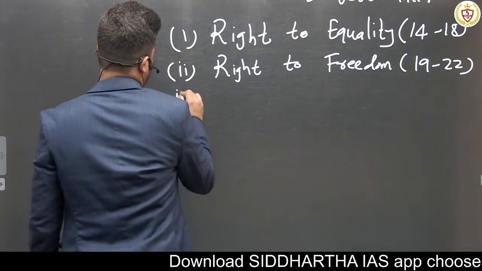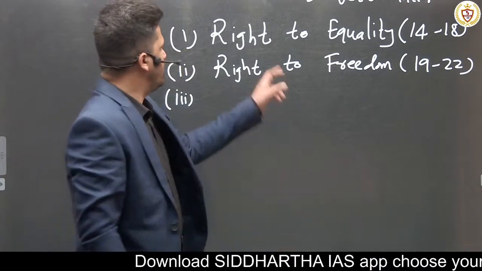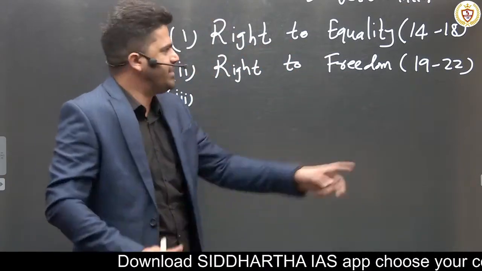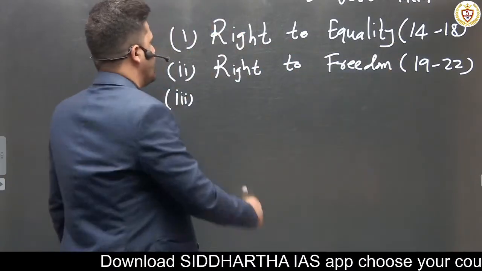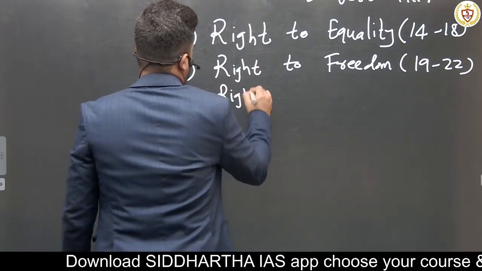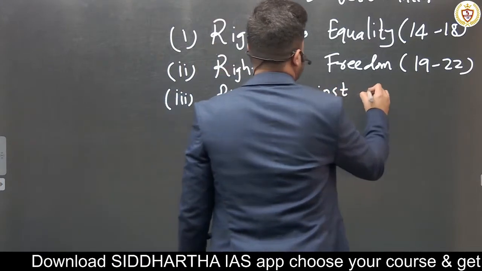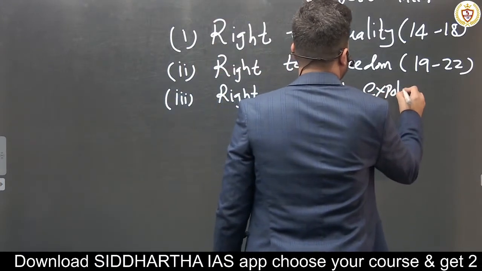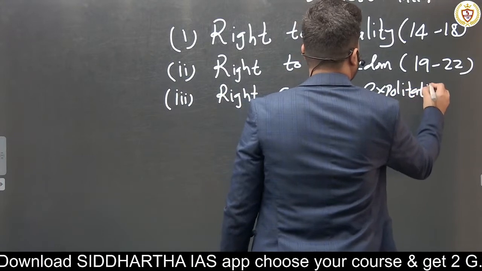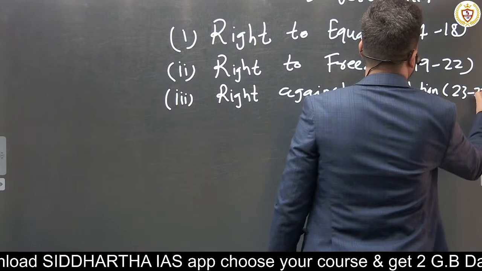Third, so on the basis of content or subject matter, right to equality from article 14 to 18, right to freedom 19 to 22, right against exploitation, article 23 24.